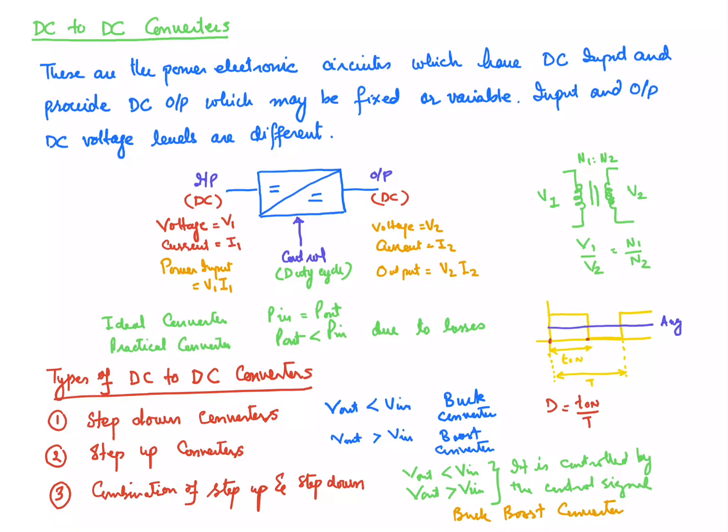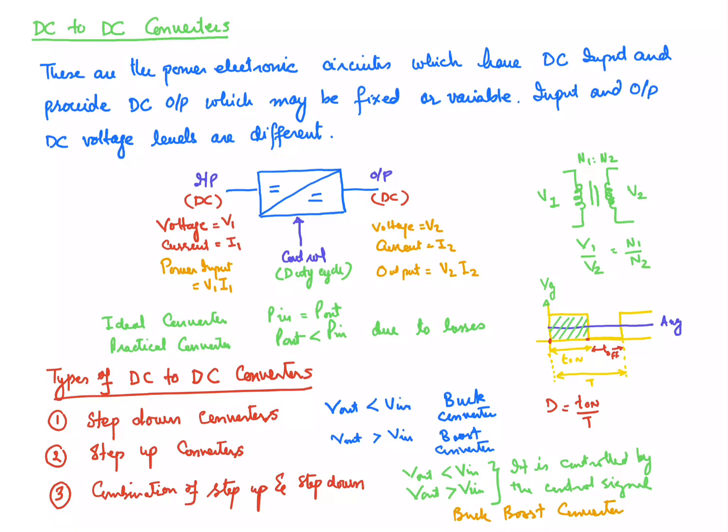Your switch is on for this interval of time because you have applied the gate voltage or the base voltage, right? When you remove the gate voltage or base voltage, for the interval that is equal to T off, your switch will be in the off state.